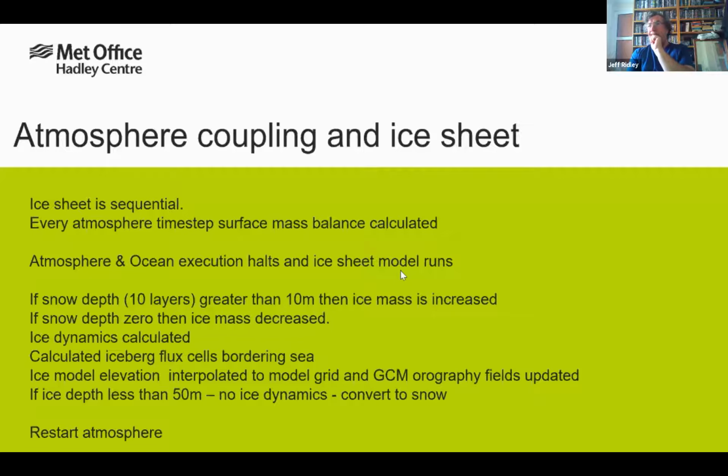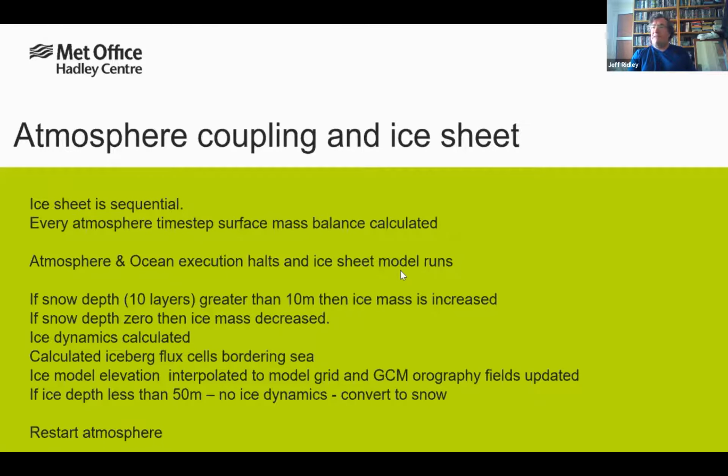So the mass balance is calculated in the atmosphere, and if the snow depth is more than 10 meters, then mass is transferred to the ice of the ice sheet, and so the surface elevation is actually the ice sheet surface elevation, not the snow surface elevation.